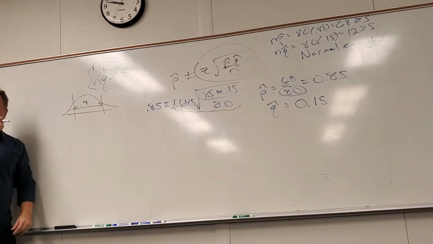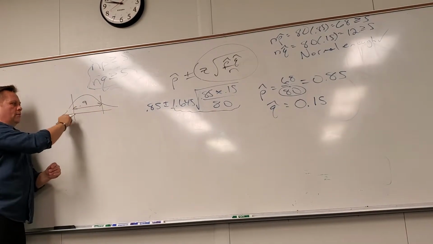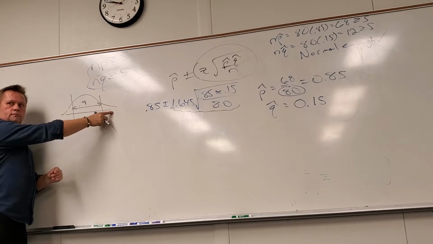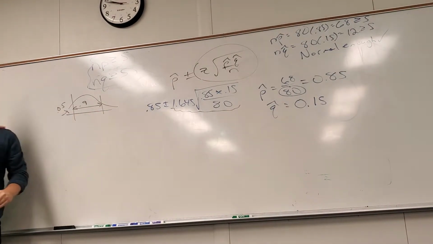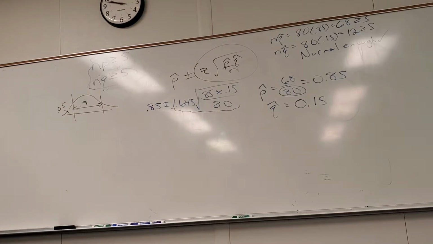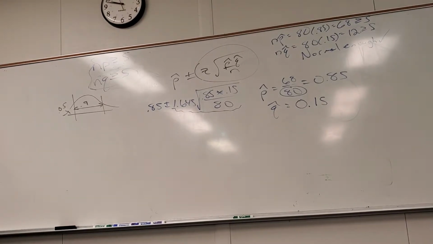Don't forget stuff we know. 90% inside, how much is outside? 10%. How much on this side? If you look up 0.05, you get 1.645.